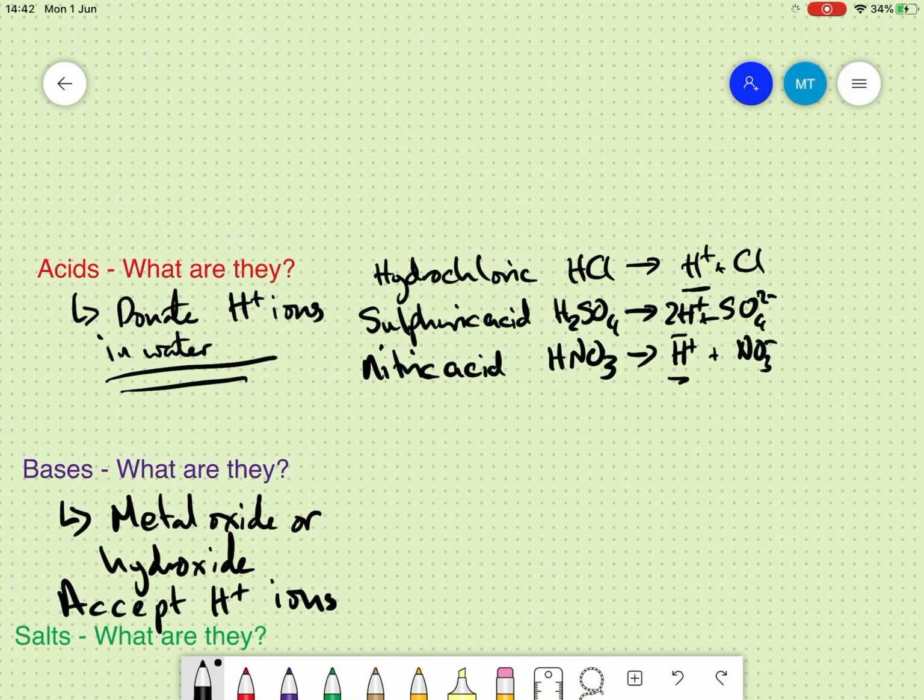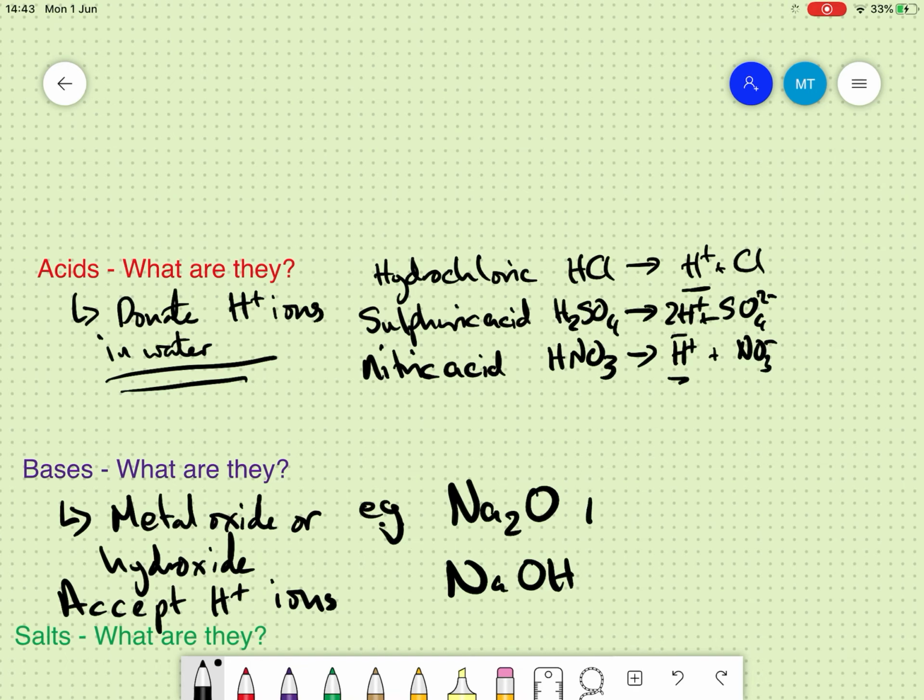So acids will donate H+ ions, and bases will accept H+ ions. An example would be hydroxide ions, and more specifically sodium oxide or sodium hydroxide.